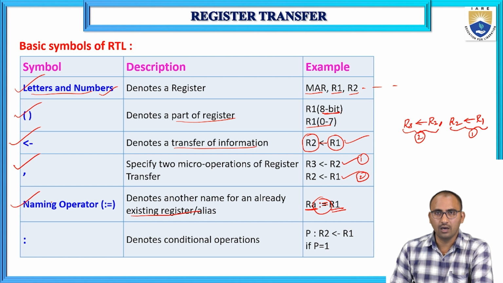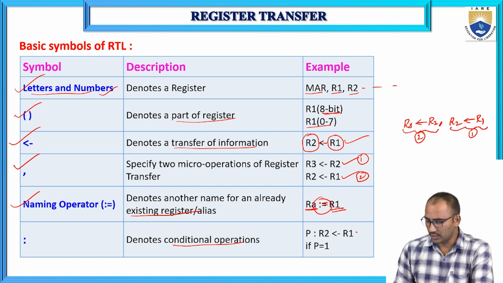And the last one is the colon. It denotes conditional operations. That means if a certain condition is met, then only the transfer of information will take place. The conditional operator is specified by the symbol colon.